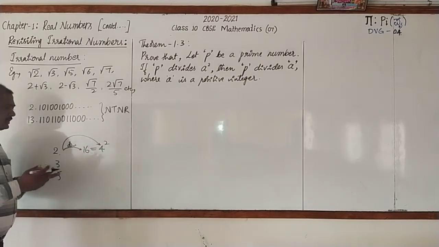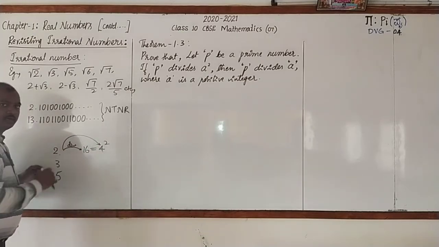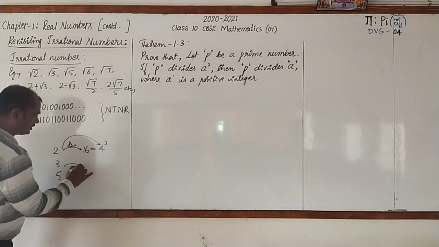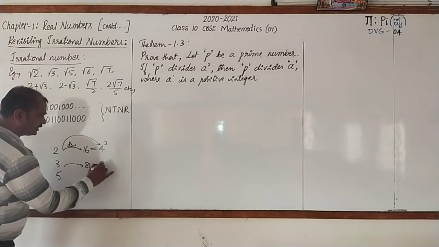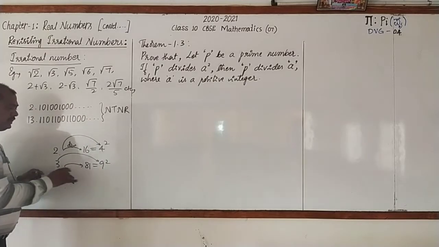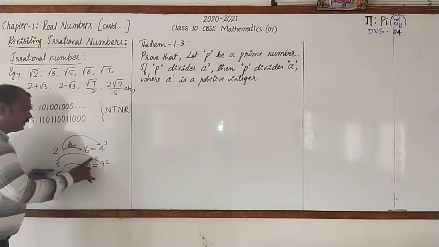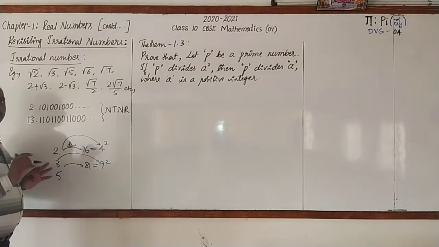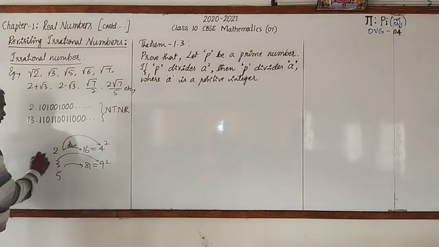Yes, of course. See, 2 2s are 4. Similarly, here also I can take any number like 81. 81 is nothing but 9 square. If 3 is a prime number and this prime number divides 9 square, it should also divide 9. Clear? This is one important point.